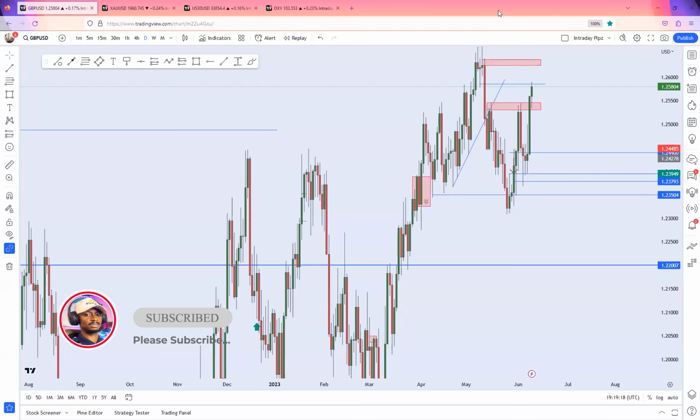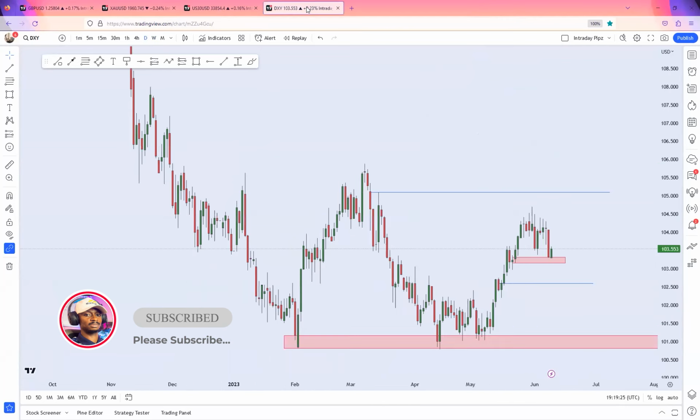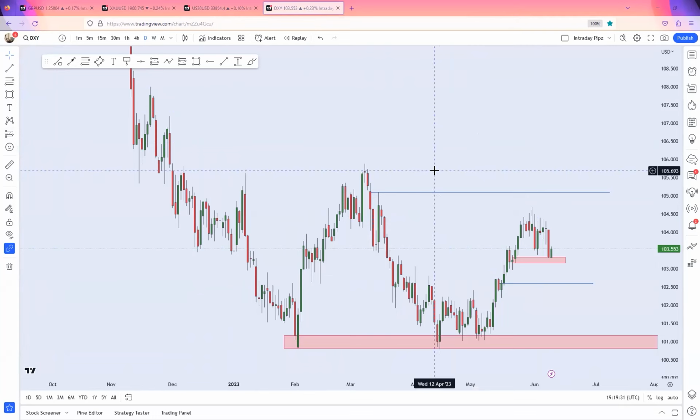All right, so we are going to be starting off with the index so that it can give us an idea of our expectation on USD. On the index, we are on the daily time frame, and I've spotted my demand zone.